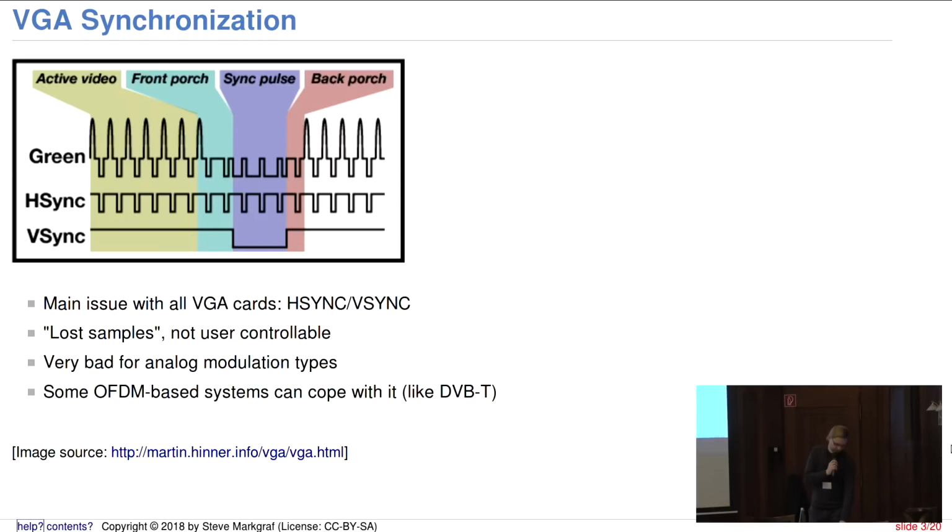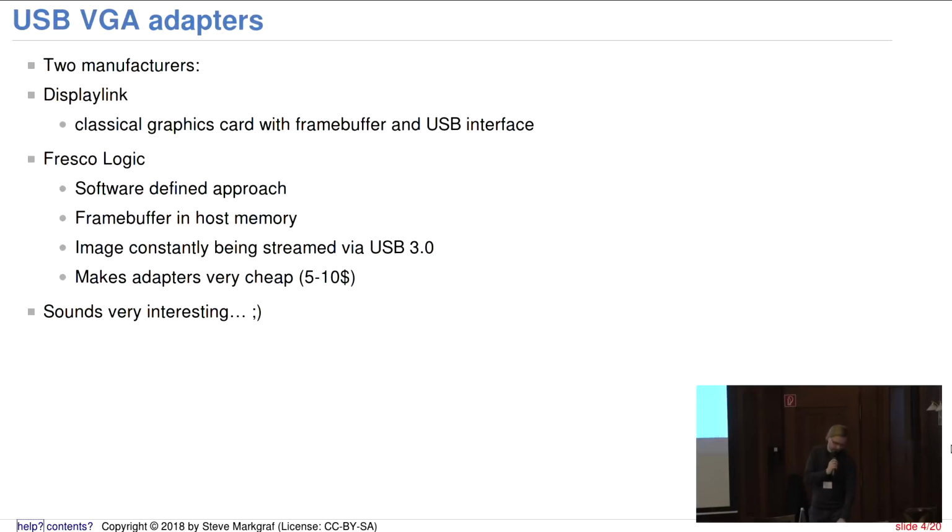And I came across, I was looking for obscure hardware on eBay and AliExpress, and I came across those USB 3 VGA adapters, which said you need USB 3 to support the full resolution, and otherwise it will fall back to 800 by 600 with a USB 2 interface.